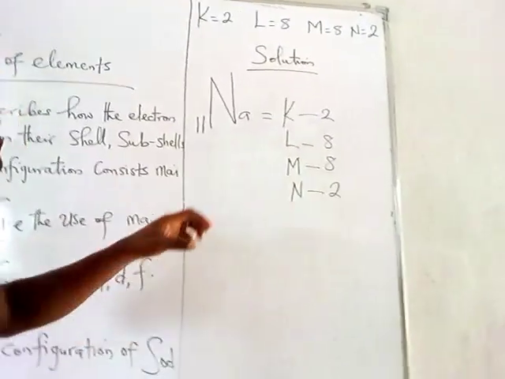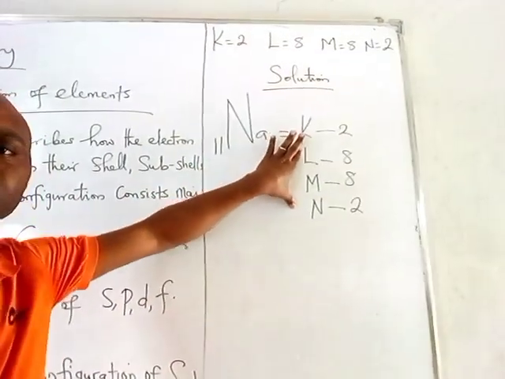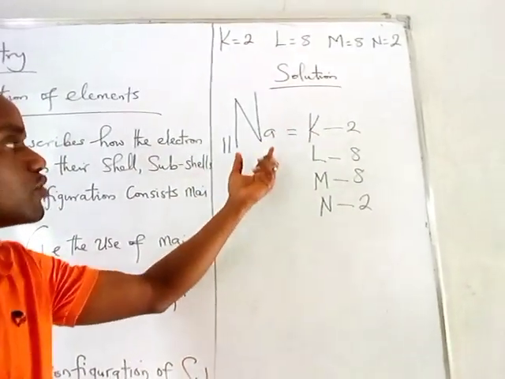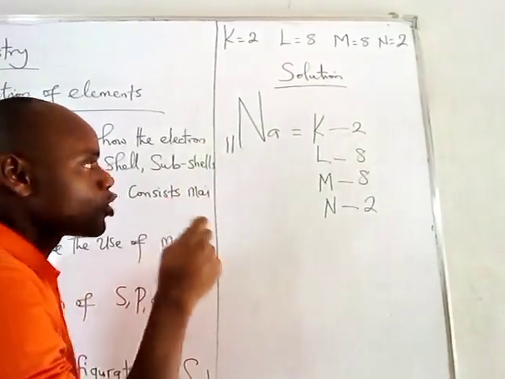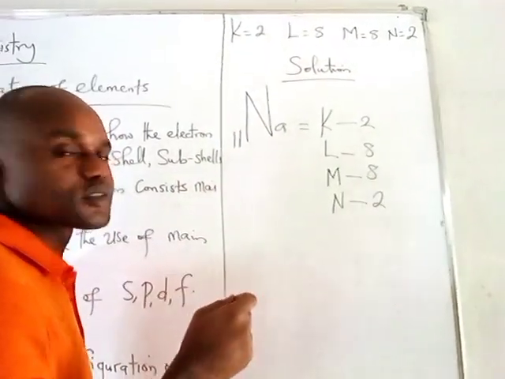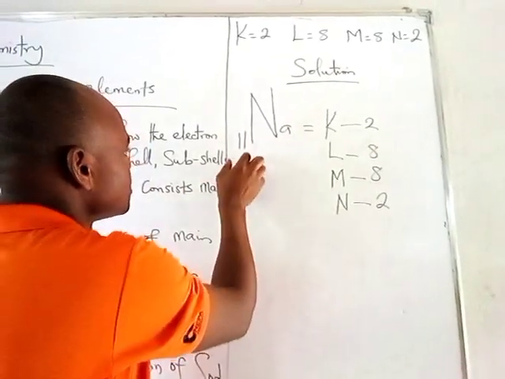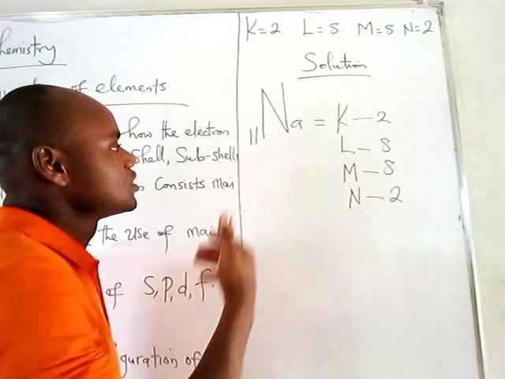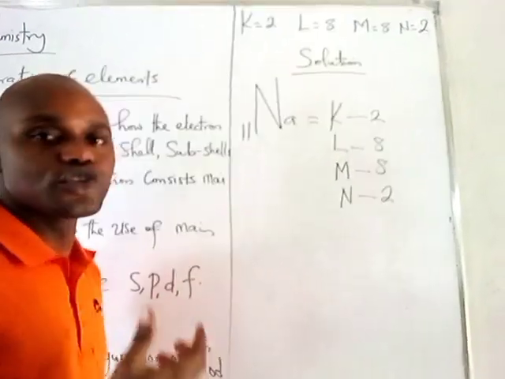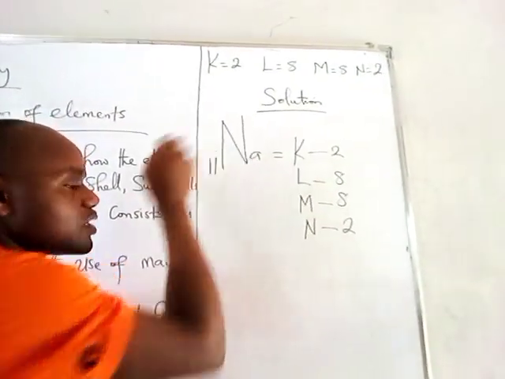Now, how do you know the number of shells that you are going to apply for this? The first thing you do is to sum the number of electrons. When you sum them and you have this number, that determines the number of shells you are going to use to make up this element.